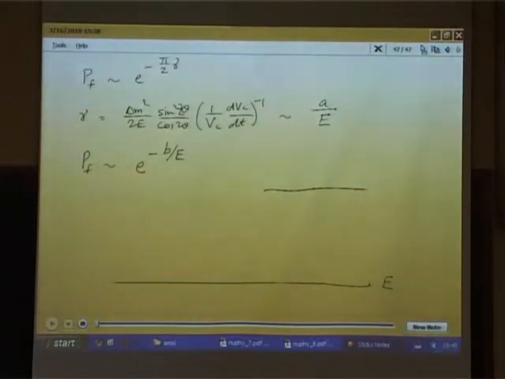It becomes equal to 0. Actually, if you try to plot this, you will see that the plot looks something like this. Let me plot this on a log scale. Actually it goes like this. So there is some energy interval in which it goes from 0 to 1.